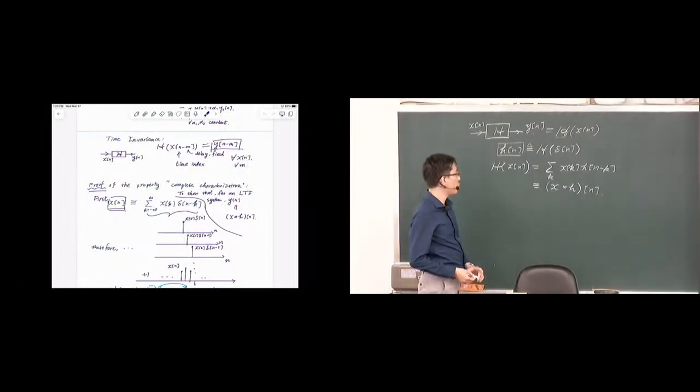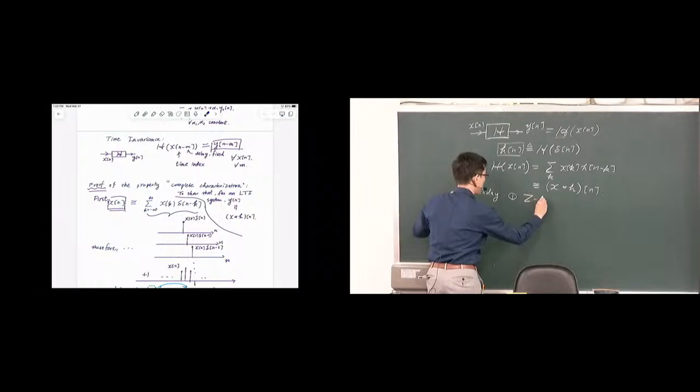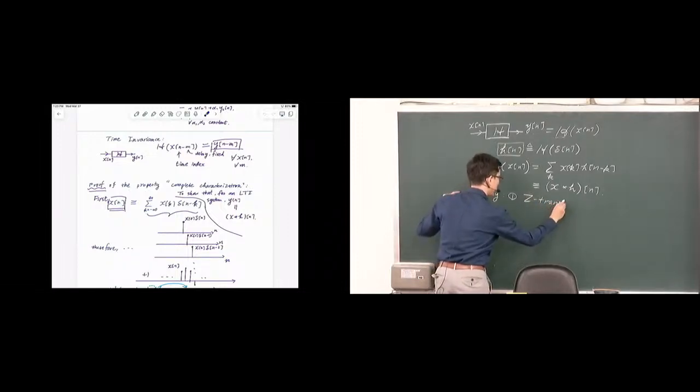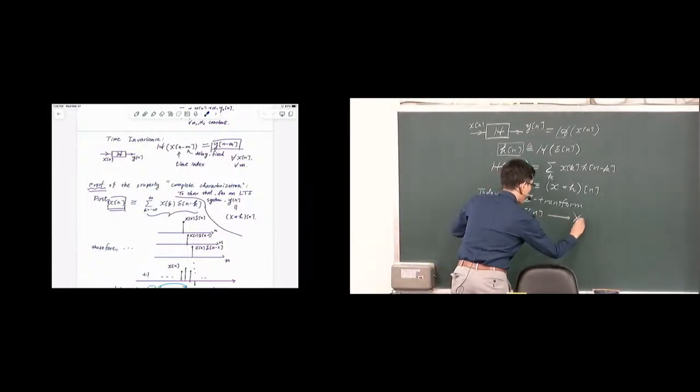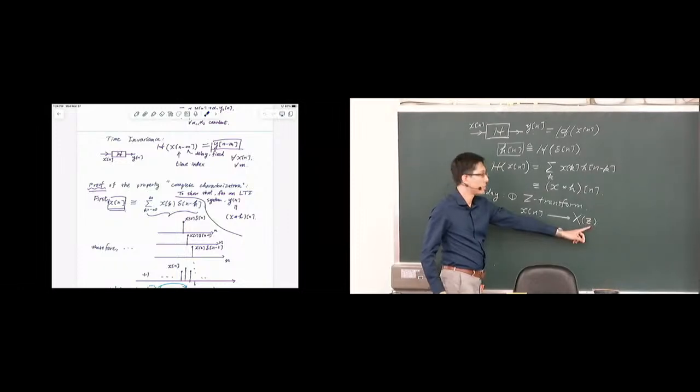Okay, so today we will continue from here. We'll officially introduce the Z transform. The idea is that when we have any signal in time, after the Z transform, the corresponding function is defined on the complex plane.